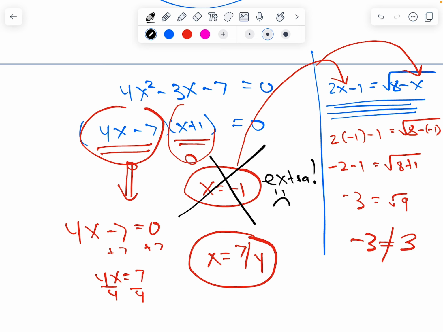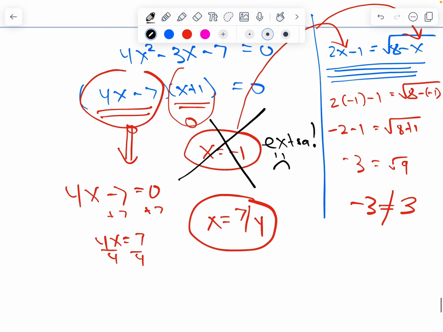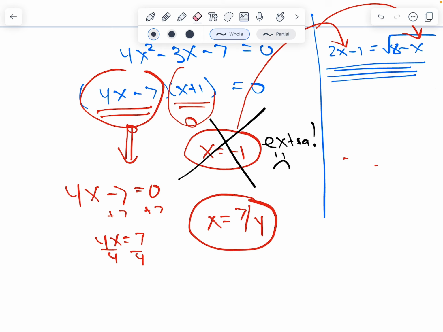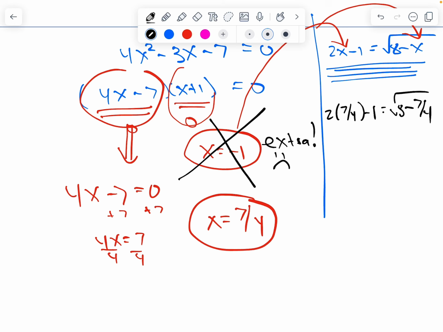Okay, now we should, just for fun, check 7/4. So let's plug it in. Fractions are always a bit of a pain, but we can do it. So 2 parentheses 7/4 minus 1 equals the square root of 8 minus 7/4. So that's going to be 14/4 minus 1 is equal to the square root of 8, which is 32/4, minus 7/4.